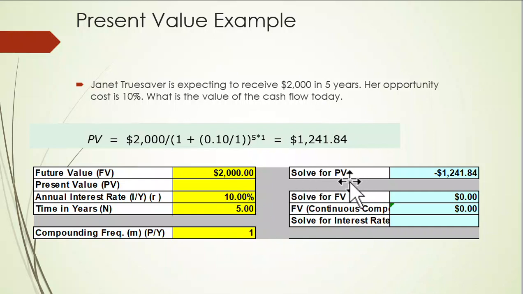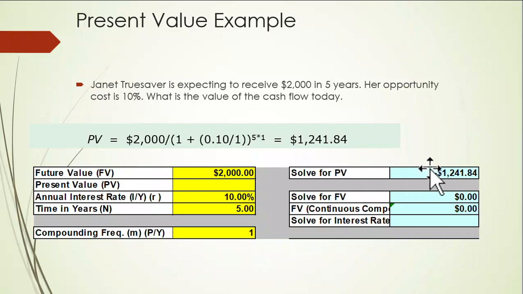If you solve for present value, it's negative $1,241.84. What does that mean? If you wanted to get this $2,000 in the future and you could earn 10%, you would have to invest today $1,241.84.